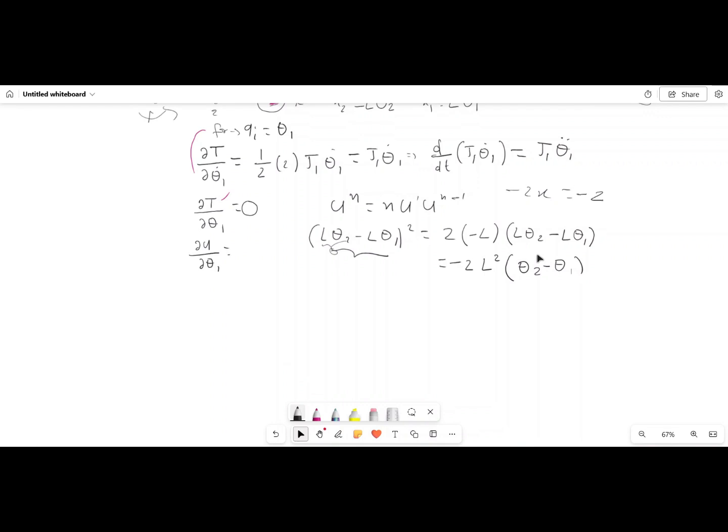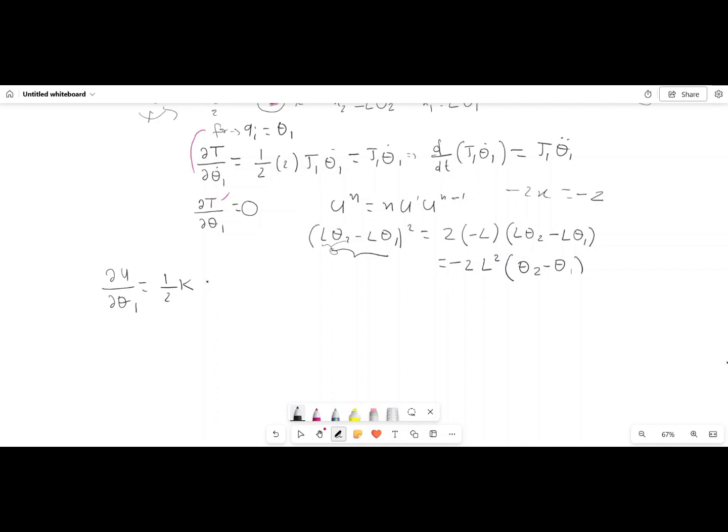Any question, guys, with this differentiation? We just used what we call the chain rule from mathematics. So let's apply it and you see how it's going to go. Basically, we'll have partial U over partial theta 1. Remember, we had the half k in front.